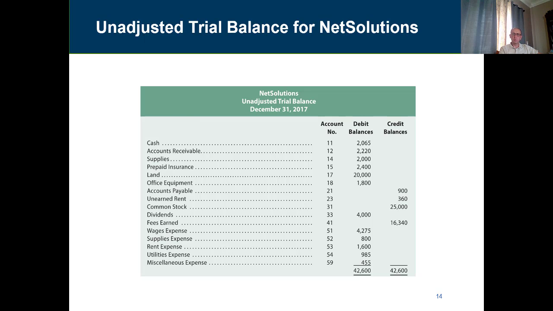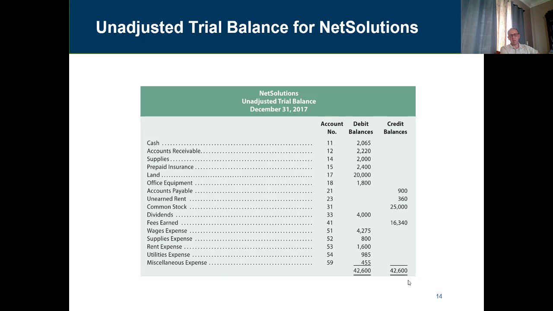So remember in chapter 2, at the end of chapter 2, this is where we stopped, where we had an adjusted trial balance. And it's just a trial balance where we check that the debit and credit match. So in this case, we had these accounts that we've seen all the way, starting from cash, accounts receivable, supplies, all the way to miscellaneous expense.